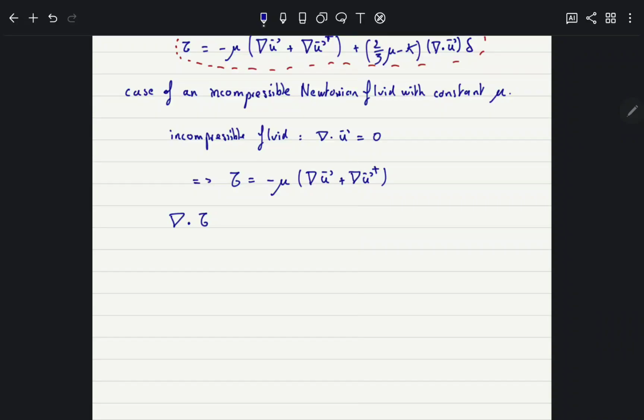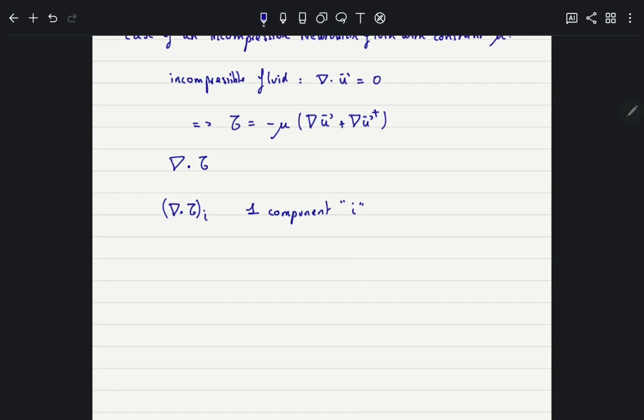So first, let's check one of these components. Let's say the i-th component. Okay, so we look at one component i. So how do we write that component?